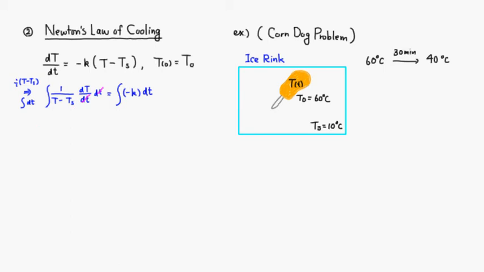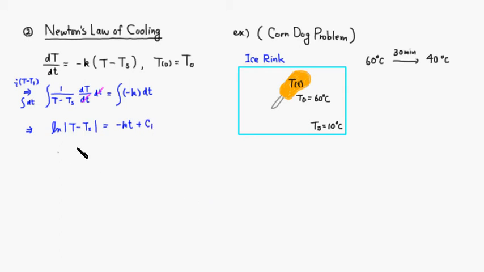Then the antiderivative of 1/(T - T_s) with respect to T is simply the natural log of the absolute value of T - T_s. This is equal to the antiderivative of -k, which is -kt plus some constant. I'm going to call it C1.